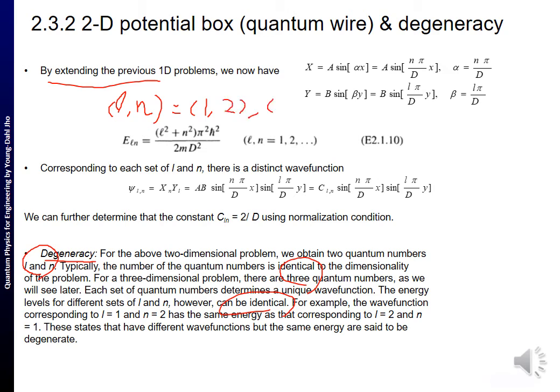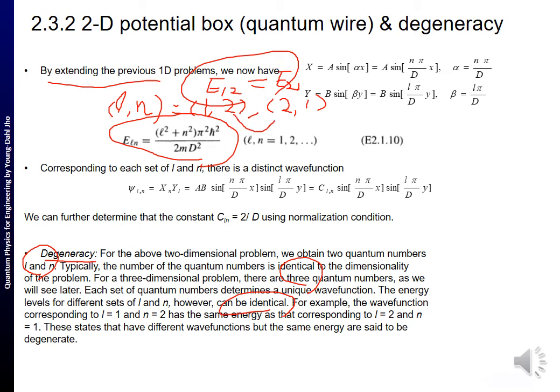Or 2 and 1. But their results are just the same. For this one we have E12, and for this one we have E21. Their energy value is the same, even though their quantum number combinations are different. So these are two different quantum states, but their energy values are just the same.